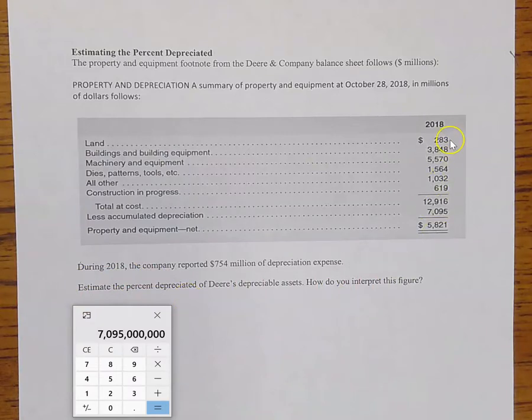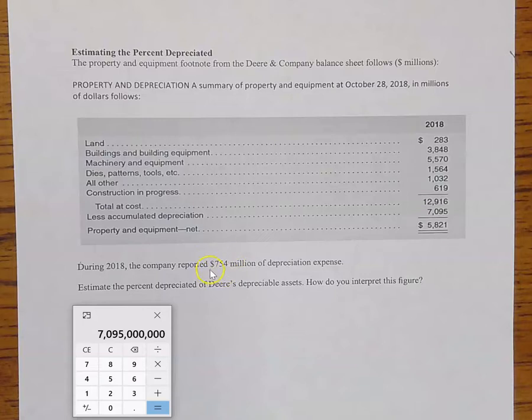Keep in mind these figures are summarized in rounded form, so it will be an estimate. But to get that percentage, we don't have to convert anything into millions or anything like that. We don't have to know that this 7,095 actually is 7,095,000,000.